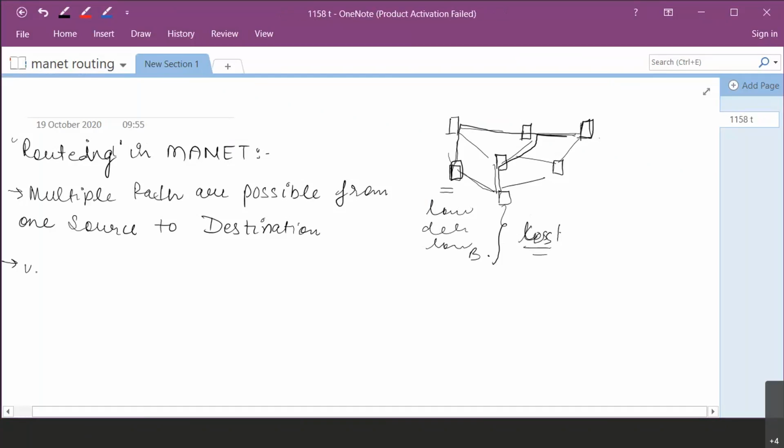We have to find out the best path to deliver the packets.